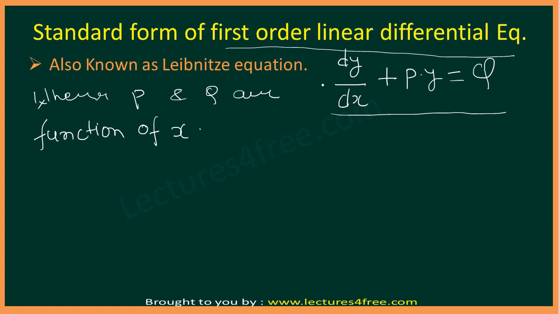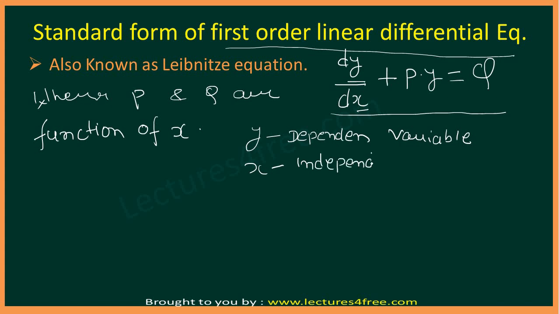As we can see here, there are mainly two variables, y and x. Y is known as the dependent variable, and x is known as the independent variable.